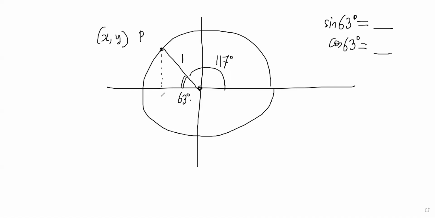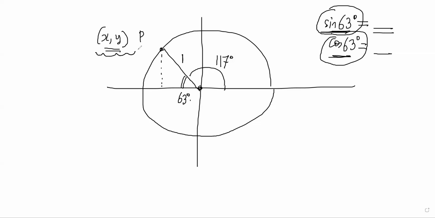Yes, sir. If somebody gave you the table of values of sine 63 and cos 63, then according to you, what is the answer? X and y should be how much? Should I give you the exact value or in a rough form? No, I want the value in terms of this only.